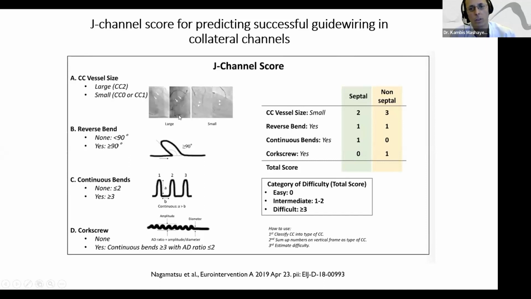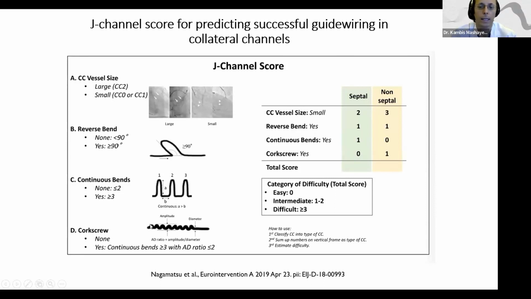Theoretically, you have to do a super selective injection to get an idea about the bends and about the collateral. And what we know is very difficult are reverse bends. One reverse bend can make you fail an epicardial connection, and continuous bends are also a problem.